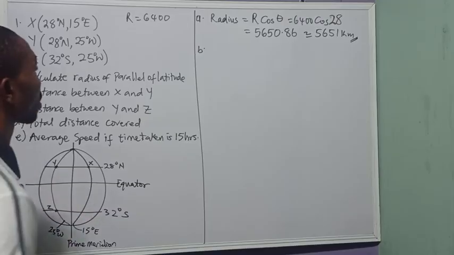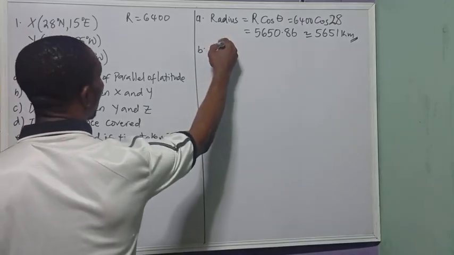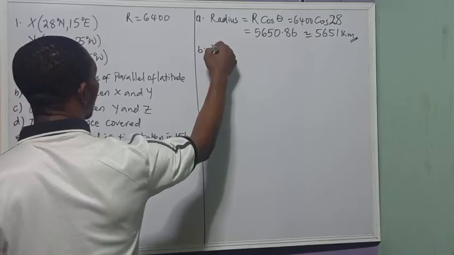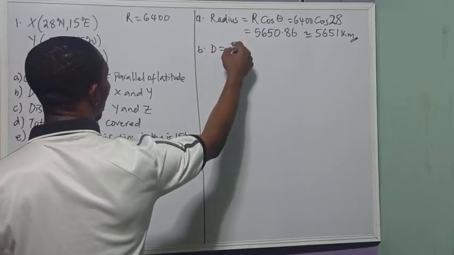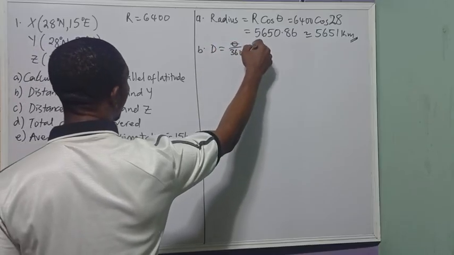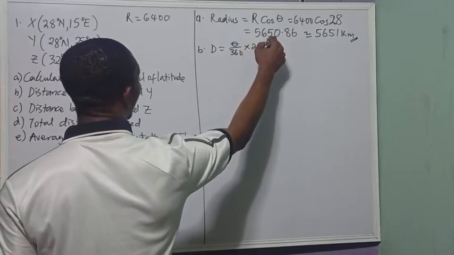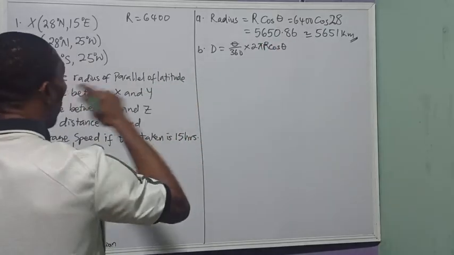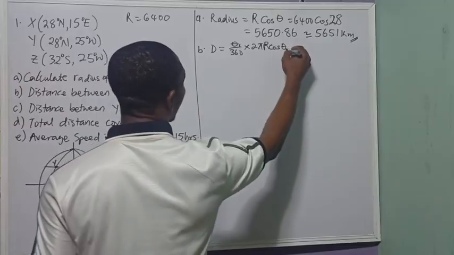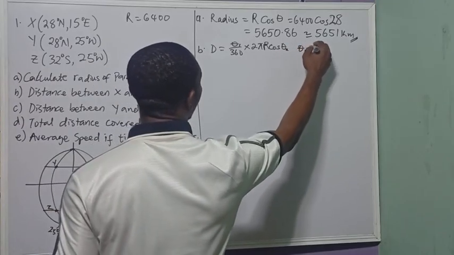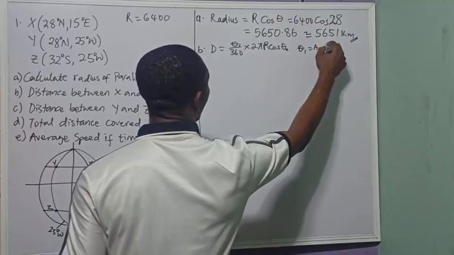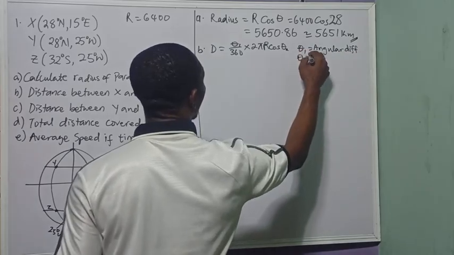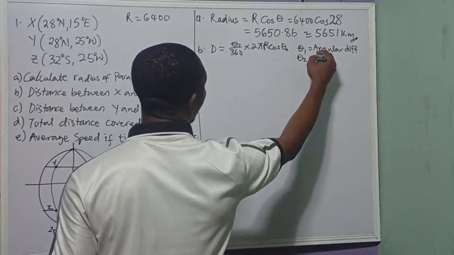Now, since it's on a small circle, we'll be using theta over 360. Let's call it distance equals theta over 360 times 2 pi R cos theta, where theta 1 is our angular difference, and theta 2 is the angle that is constant.